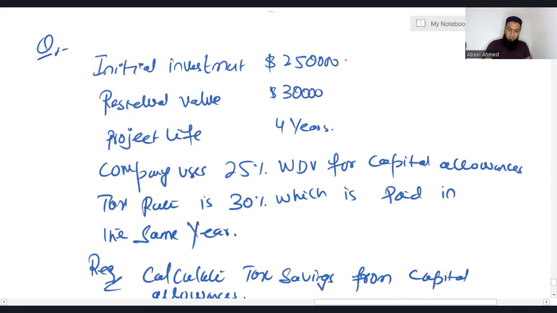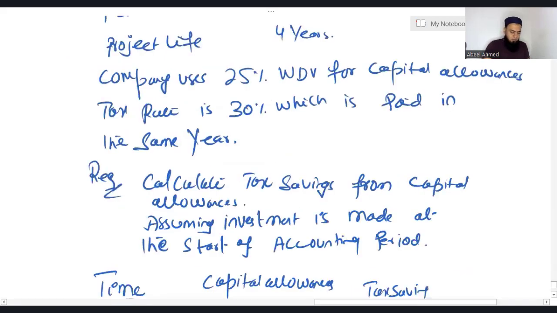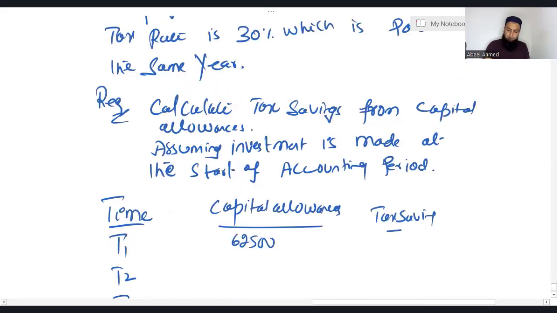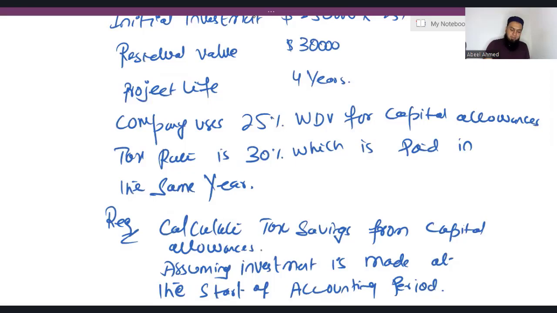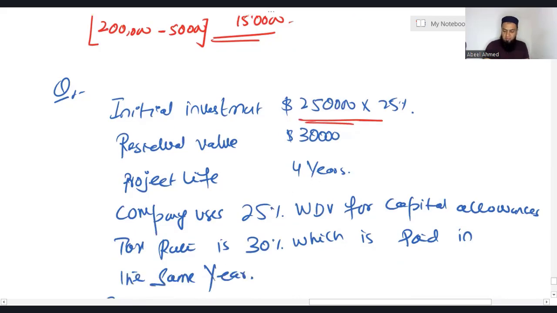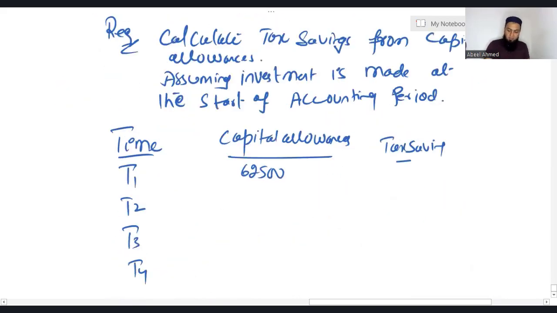So 2,50,000 into 25%. Let me use the calculator. The first year capital allowance is coming 62,500. How do we calculate the capital allowance for the second year?